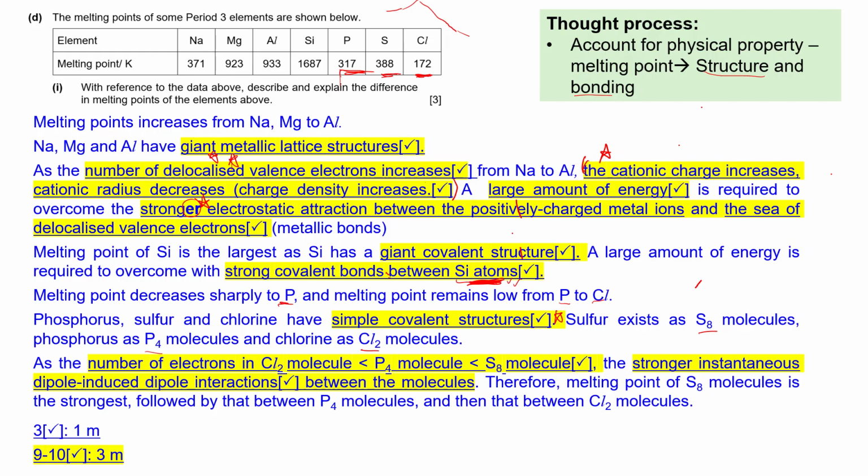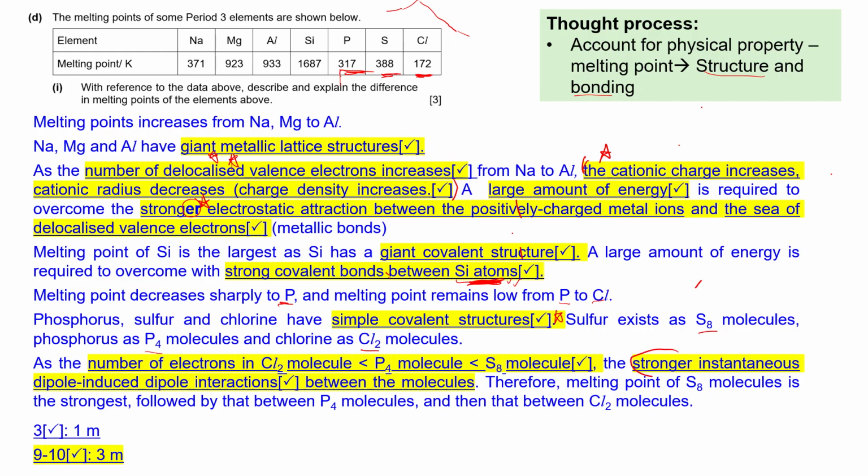There's a trend in the melting point that it goes up first from phosphorus to sulfur, then goes down all the way to chlorine. And why is that so? Because the number of electrons in the chlorine molecule is smaller compared to P4 and compared to S8. Therefore you need a stronger instantaneous dipole-induced dipole, please spell IDID out, between the molecules.